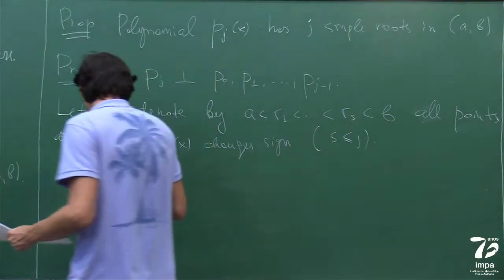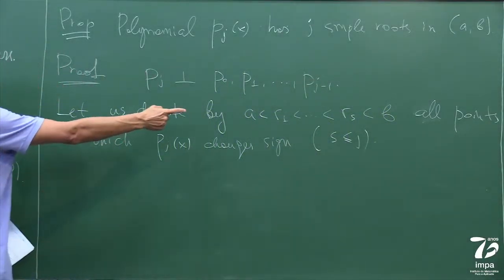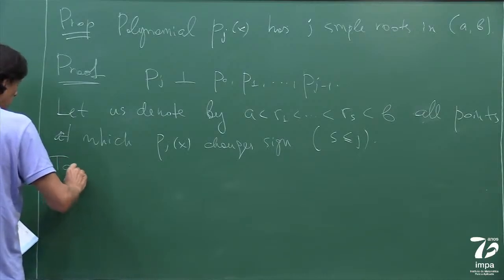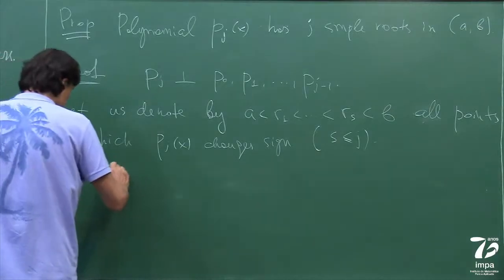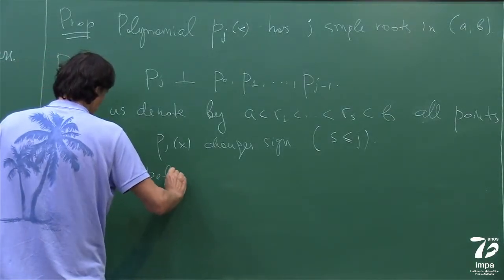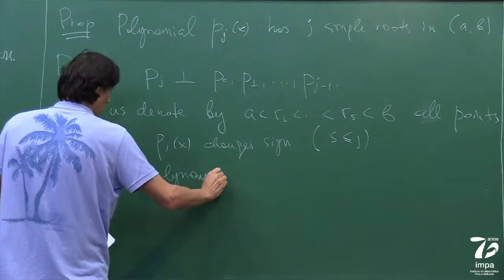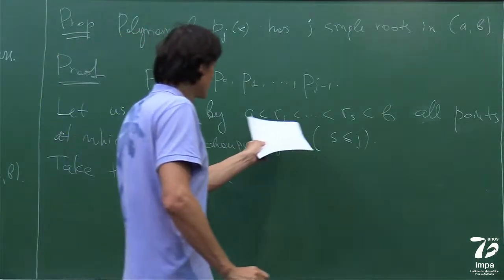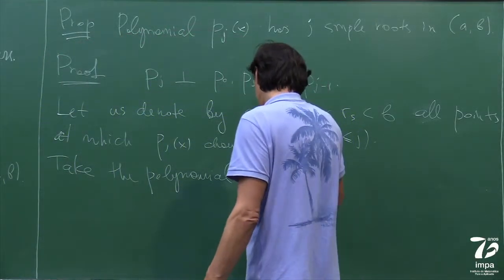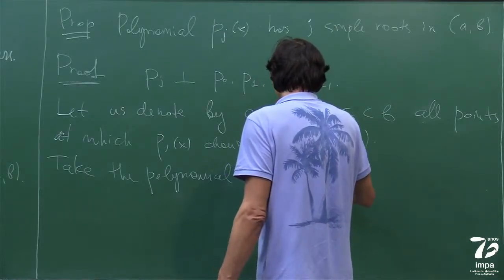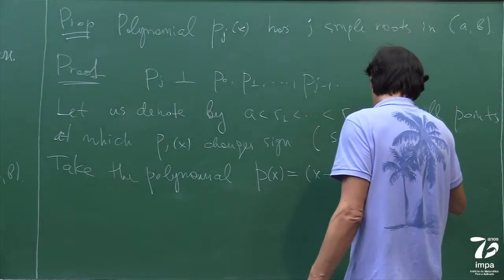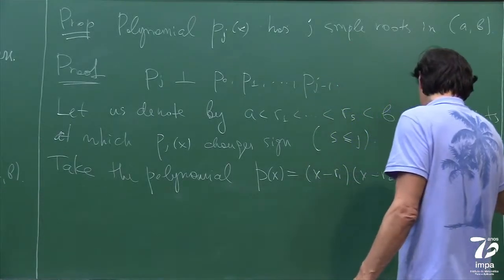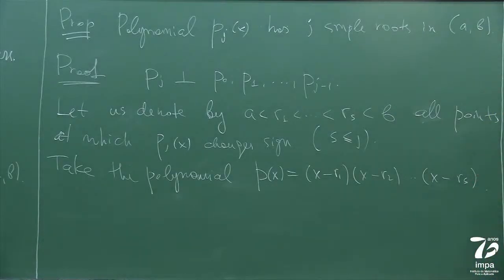So how do you prove it? You take these points and construct the polynomial P which has exactly these roots.